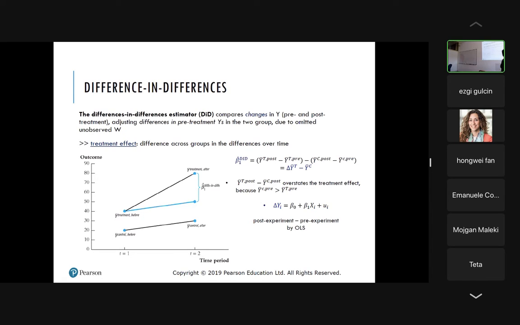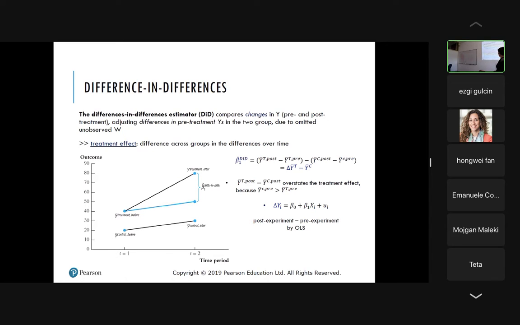So as I told you, if we just estimated the difference between what happened at the end of this quasi-experiment, as we do for the experiments, we would overestimate the treatment effect. Why? Because the initial value for the treatment group was already higher than the control group before the treatment.